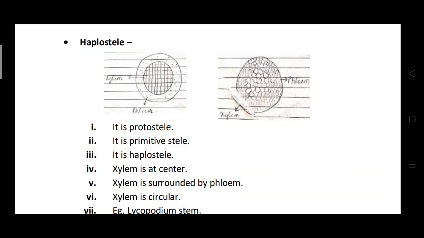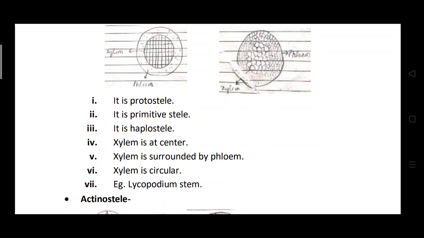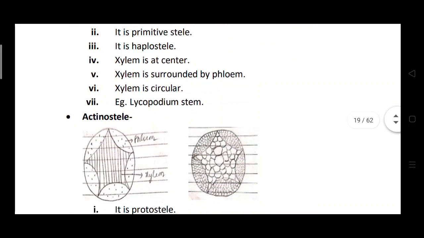It is a primitive stele in which the xylem is present at the center, circular, and surrounded by the phloem. Its example is the Lycopodium stem. You have to see this figure, in which the xylem region is at the center, surrounded by the phloem. So this is the haplostele.